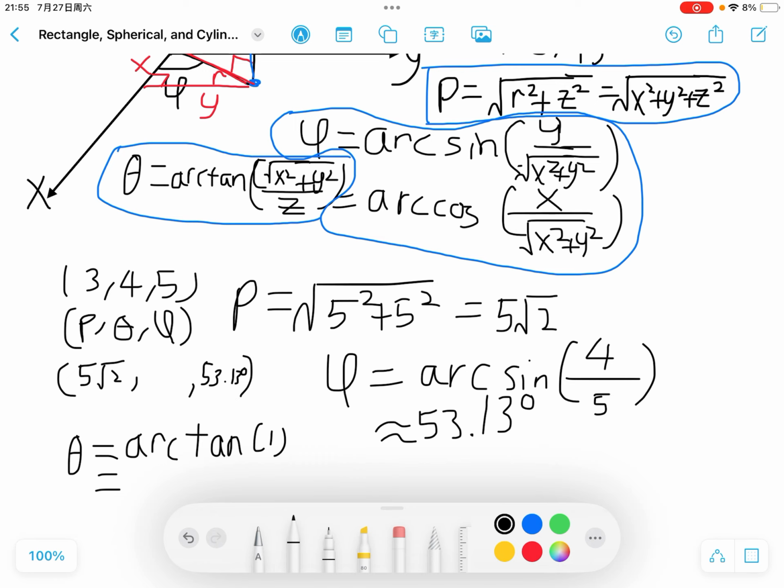Then we plug that in and calculate, and theta is 45 degrees. So therefore, our spherical coordinates for 3, 4, 5 are 5 root 2, 45 degrees, and 53.13 degrees.